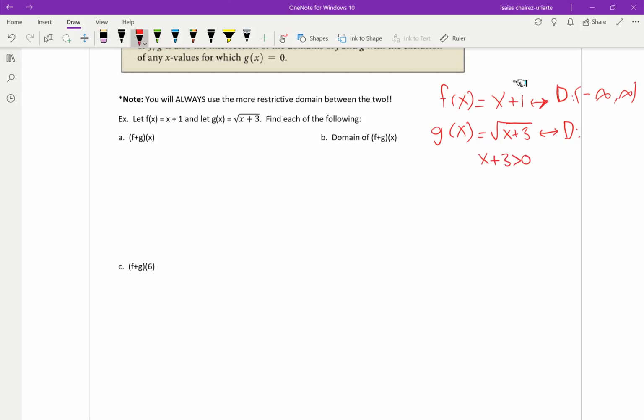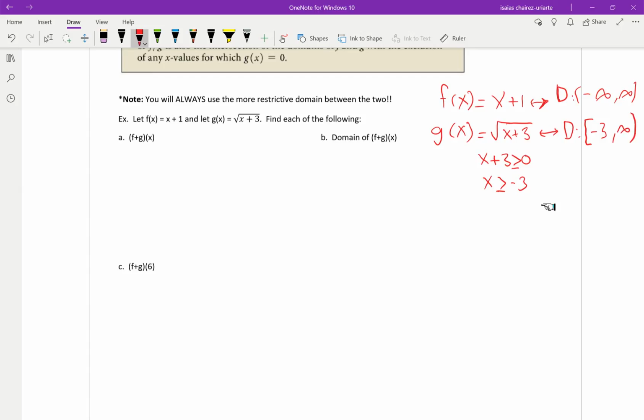Actually, in this case we can do bigger than or equal to 0. Why? Because the square root of 0 is just 0, so that's okay. So I want x plus 3 to be bigger than or equal to 0, so then that means that x is bigger than or equal to negative 3. So then that means the domain is from negative 3 to positive infinity.